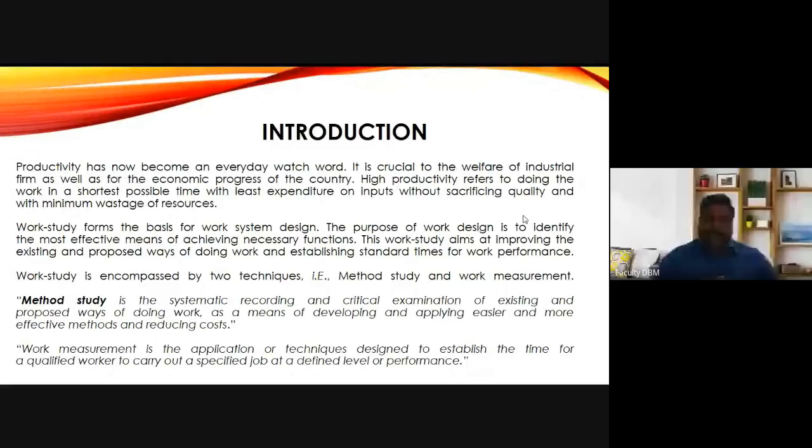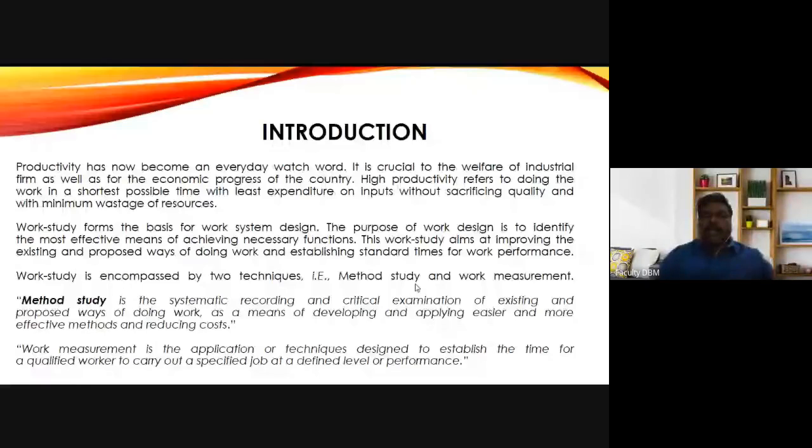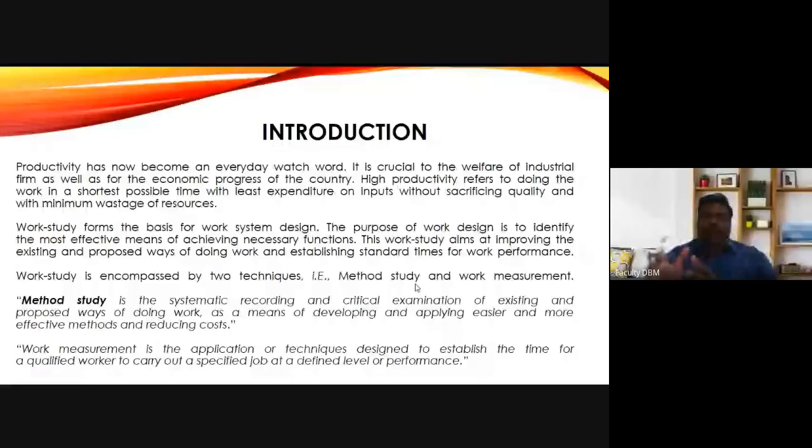So work measurement is an application of techniques designed to establish the time for a qualified worker to carry out a specified job at a defined level of performance. In work measurement, we are going to check the performance of individuals, and in method study, we are going to see what the process is. So in method study, we are going to see how the activities are going on: the movement of people, movement of machines, movement of materials, movement of communication, how it's happening.